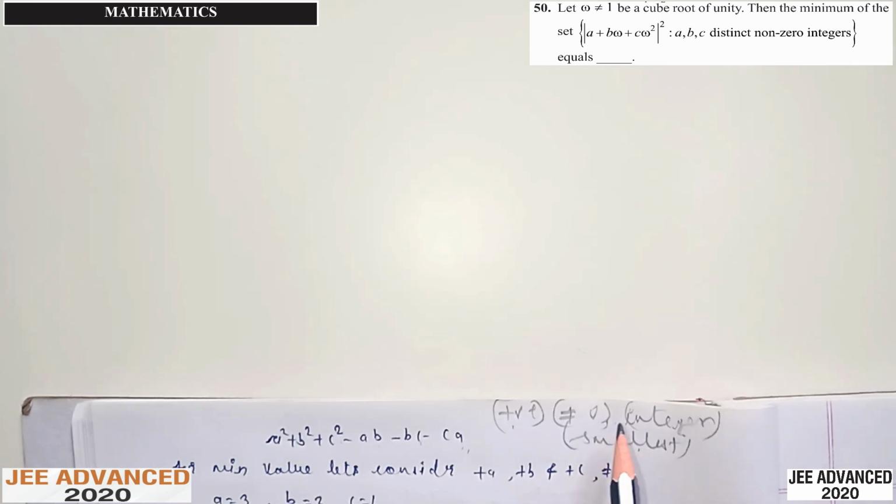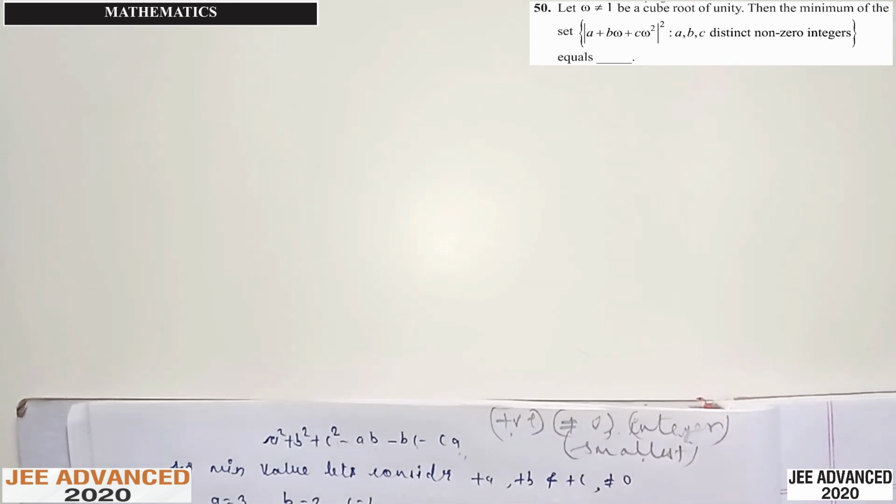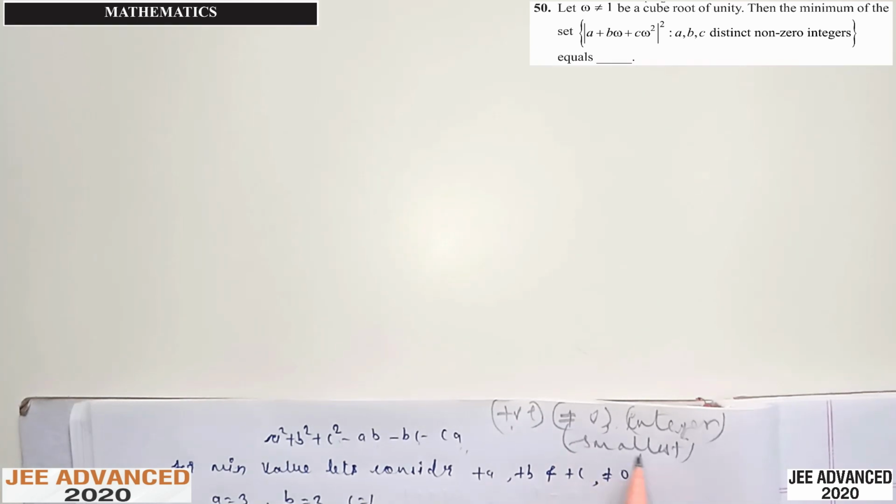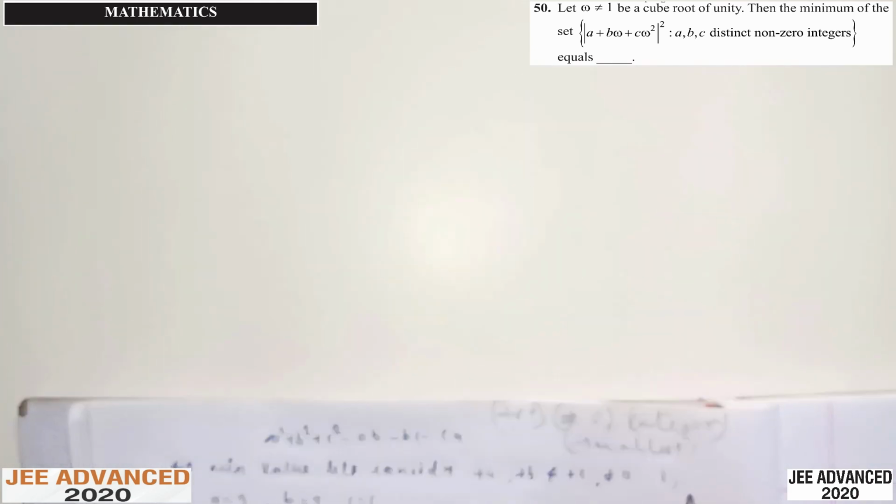And all need to be distinct, that means a, b, c are different from each other. So smallest positive means it can start from the smallest number 1, then 2, then 3, and so on. We want non-zero, we do not want zero, we do not want negative numbers, but integers we want.